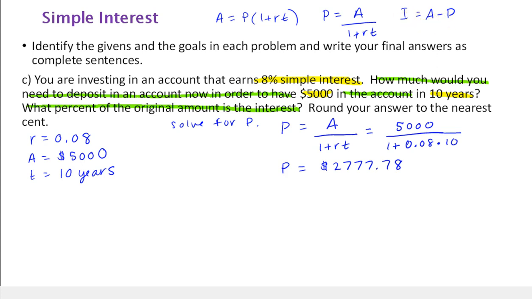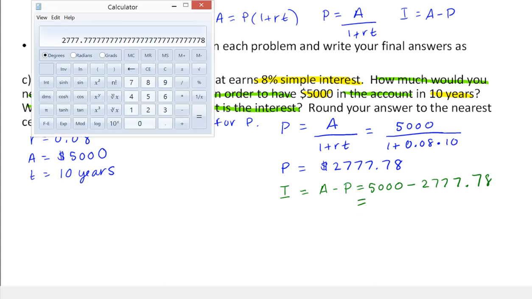We'll use this formula right here for interest. So this is, if you know both the amount and the principal, this is an easier way to find interest. So I equals A minus P, and A was 5,000. P is $2,777.78.